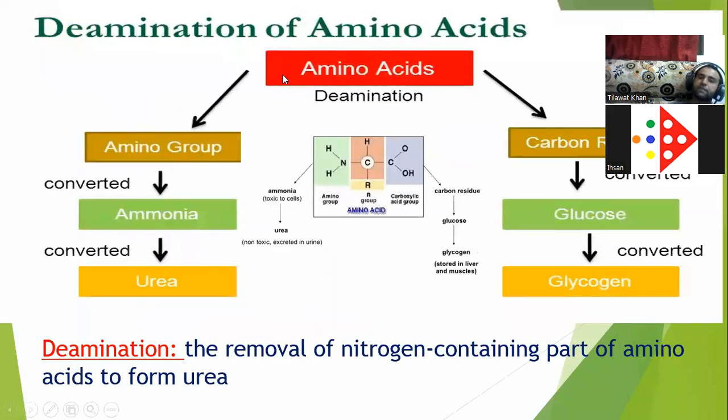This is the detail. You can see this is amino acid. These are extra amino acid. If you study the structure of amino acid, it is like this: carbon, hydrogen, carboxylic group, and amino group, right? An alkyl group. Alkyl group is like any kind, like CH3, any group can come here, right?